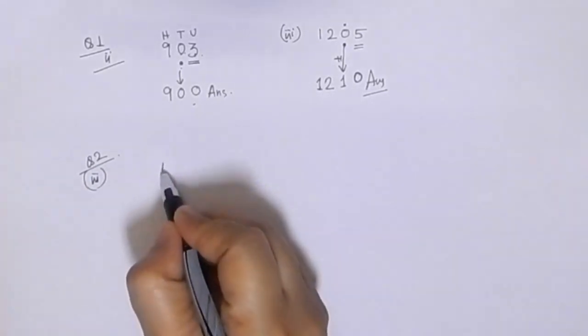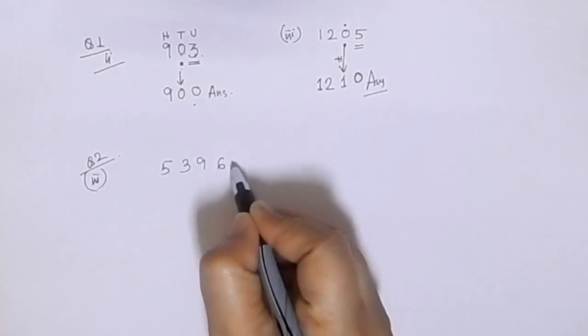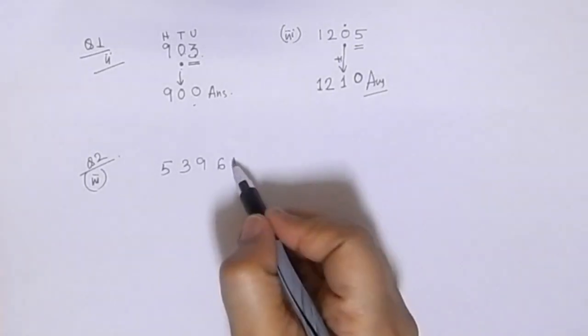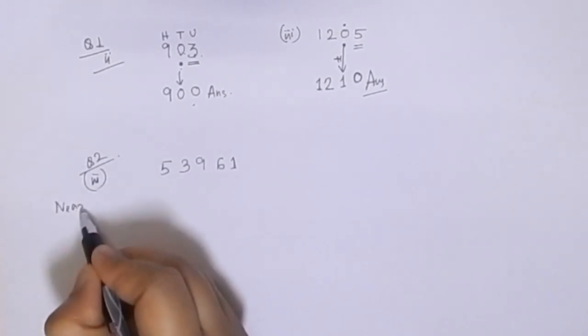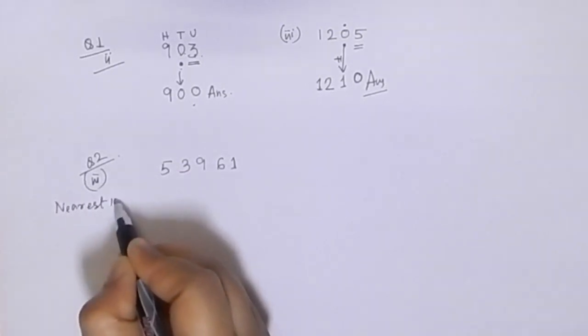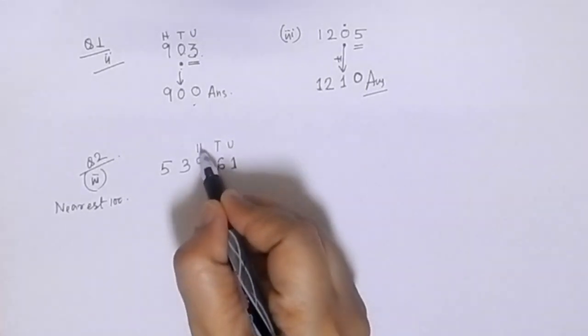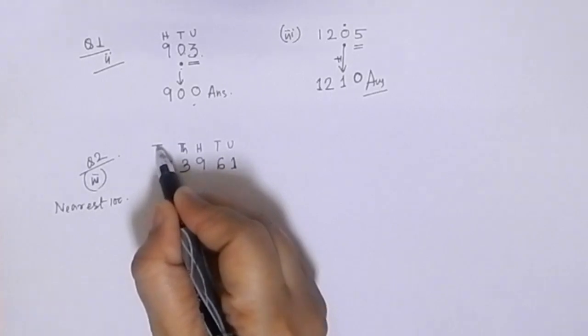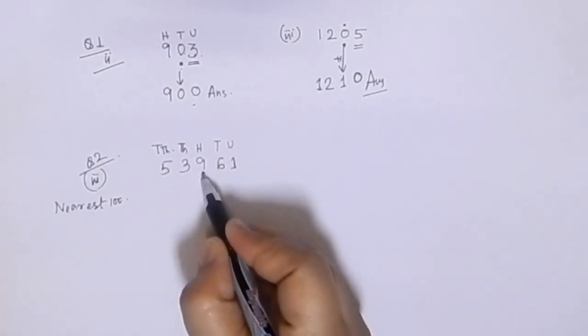The number given is 53961, and in this question you have to round off to the nearest 100. That is the hundreds place. Unit, 10, 100, 1000, 10,000. So this is my position where you have to round off.